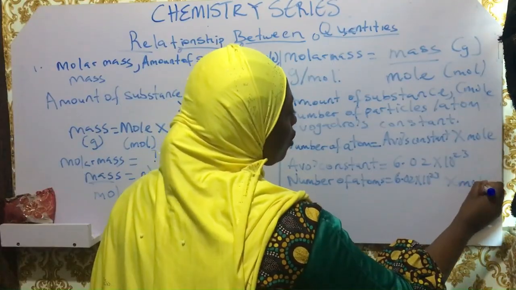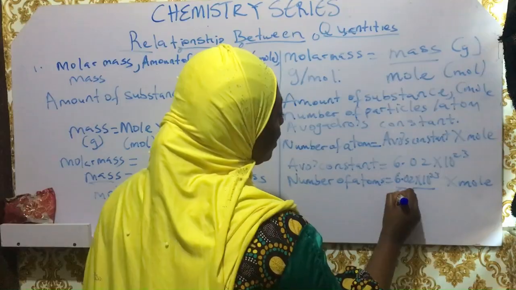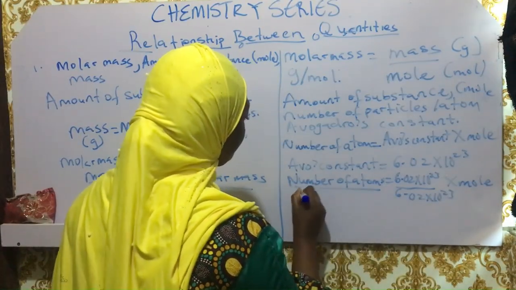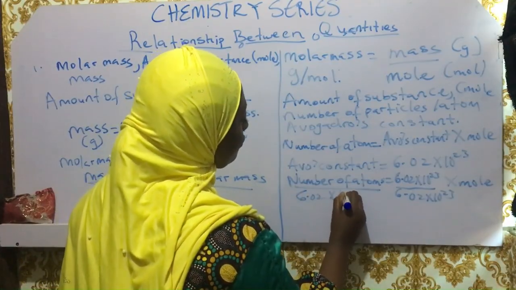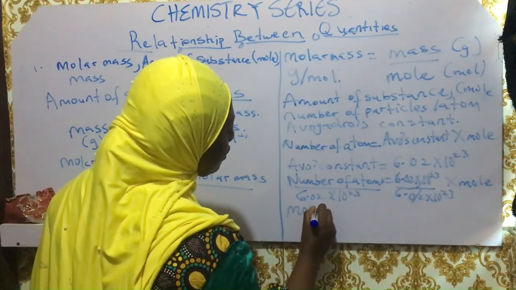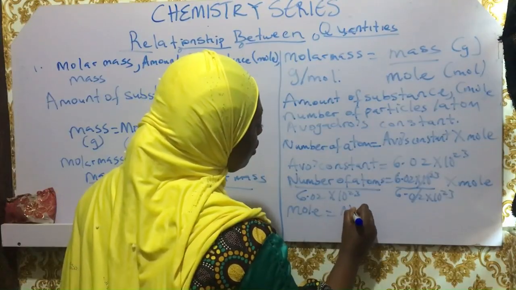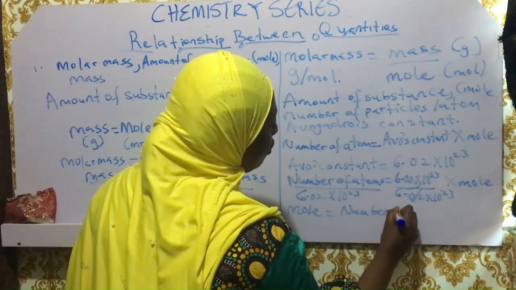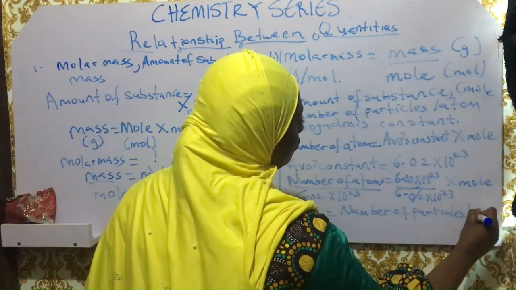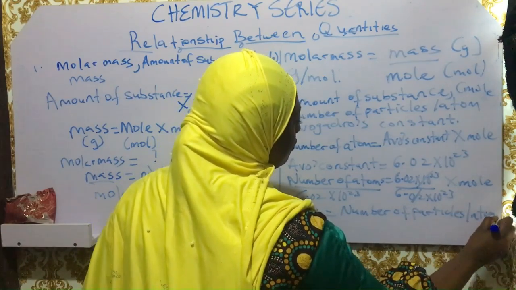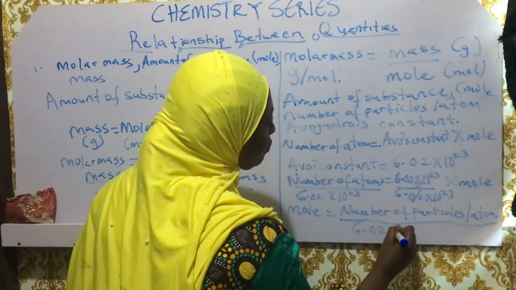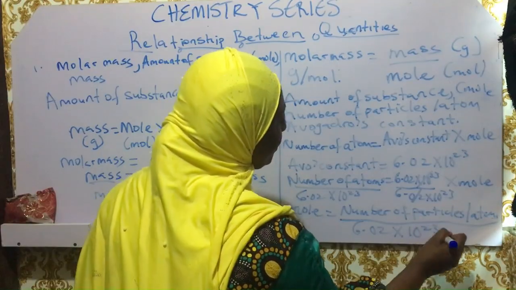So to get mole, divide both sides by 6.02 times 10 to the power 23. So mole is equal to number of particles or atoms divided by Avogadro's constant, which is 6.02 times 10 to the power 23.